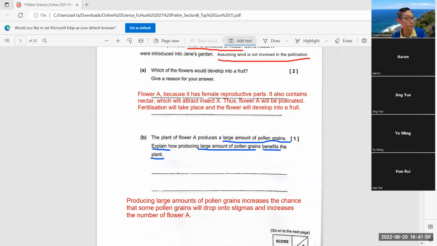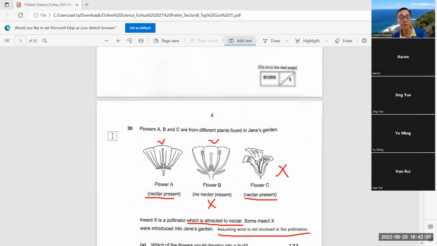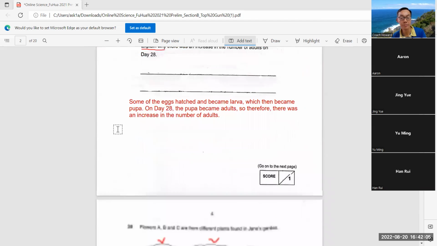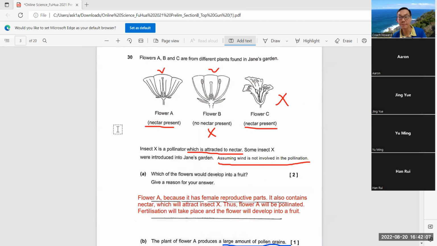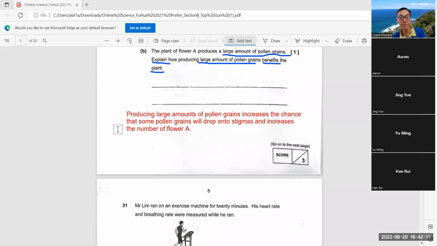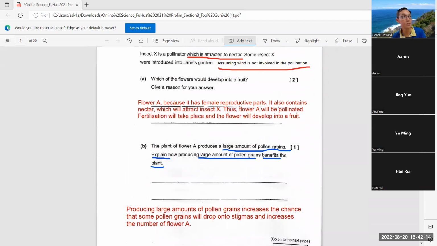I have gone through these two questions, 29 and 30. Okay, let you take some notes first.